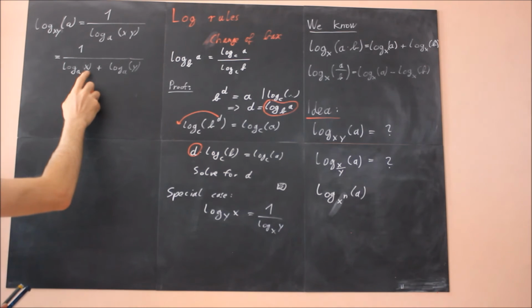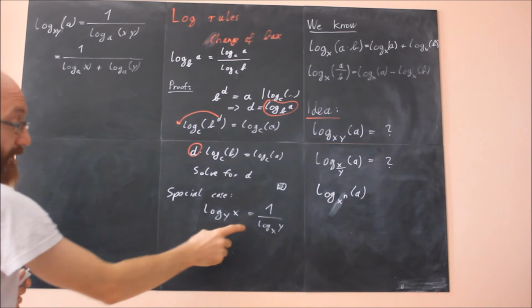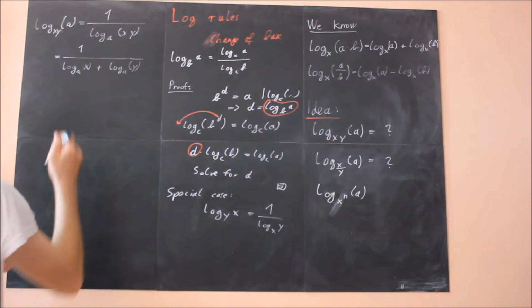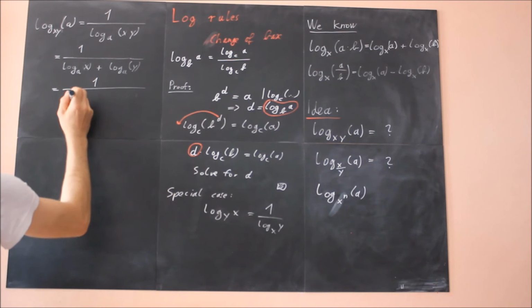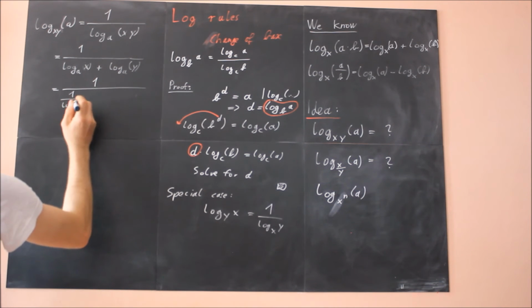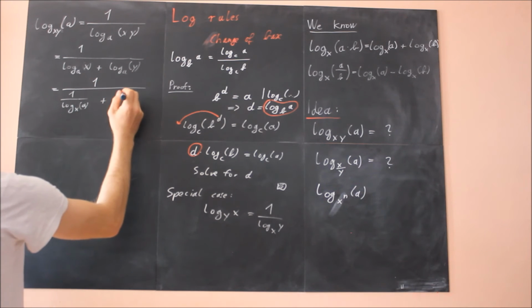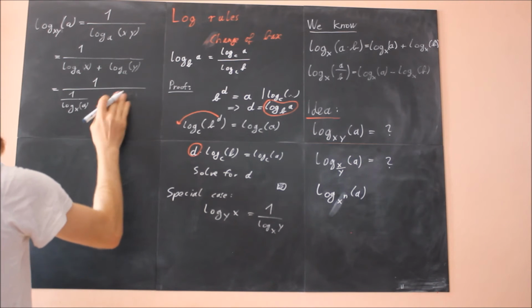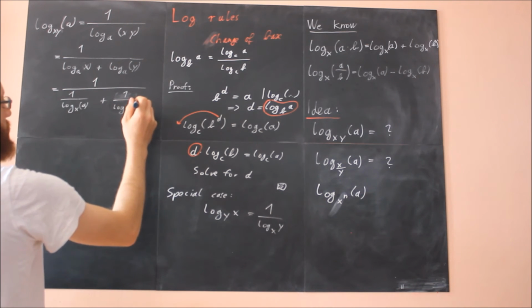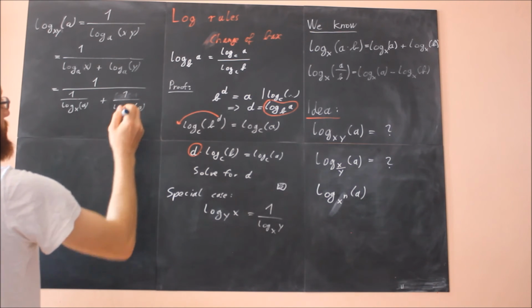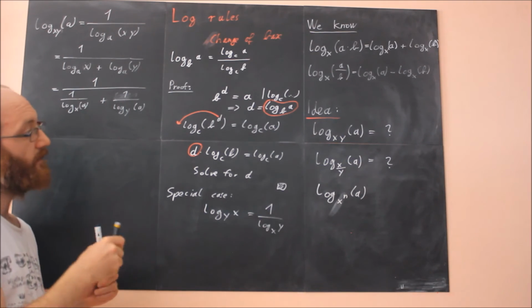Here the base is a, so we want to change this, but again we use our special case, and then we get 1 over log a to base x plus 1 over log a to base y. And this is the first result.